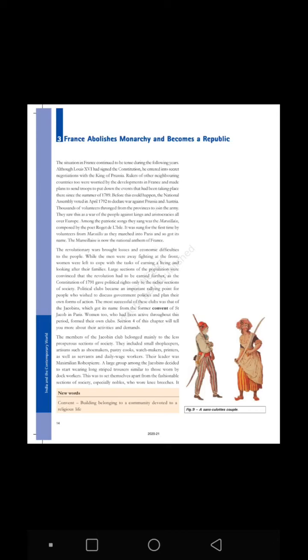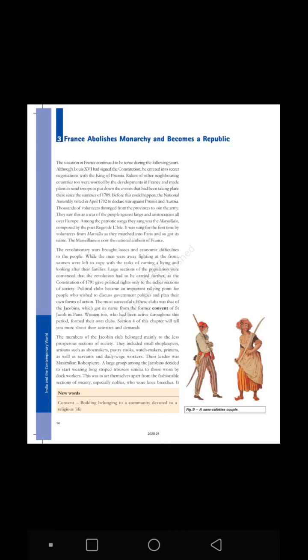Political clubs became an important rallying point for people who wished to discuss government policies and plan their own forms of action. The most successful of these clubs was that of the Jacobins, which got its name from the former convent of St. Jacob in Paris.